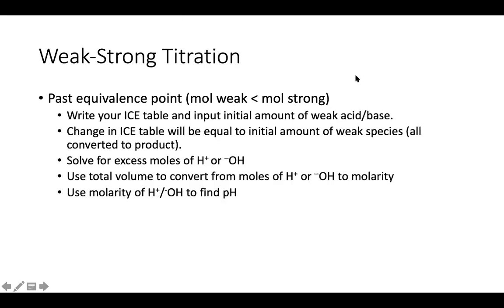But again, the key is correctly identifying which of the 3 scenarios you're in. Anytime you're past the equivalence point, you can use these steps. Any questions before we move on to buffers?